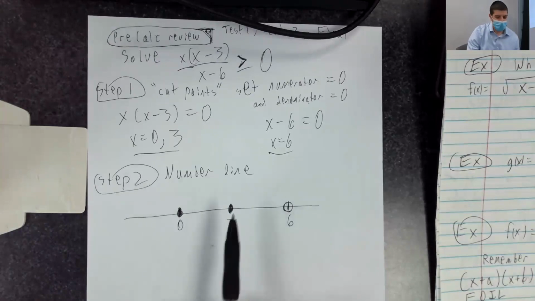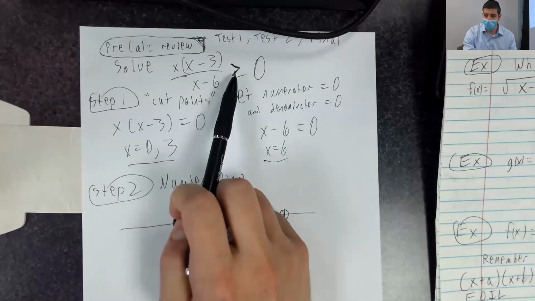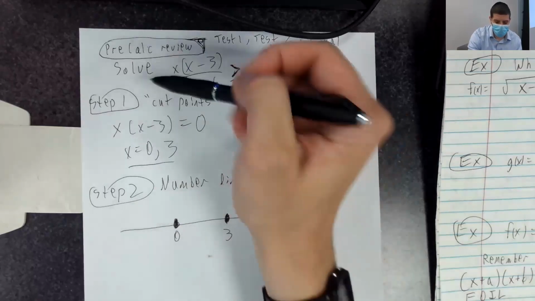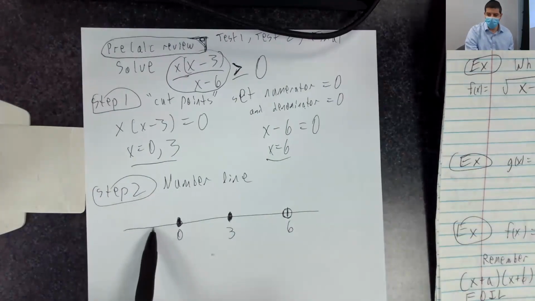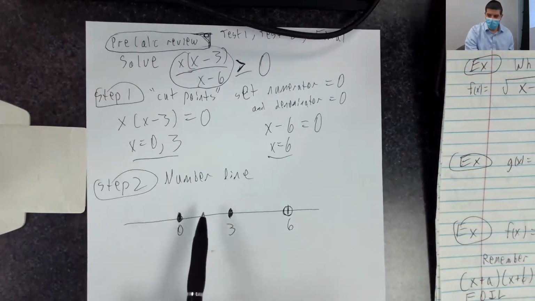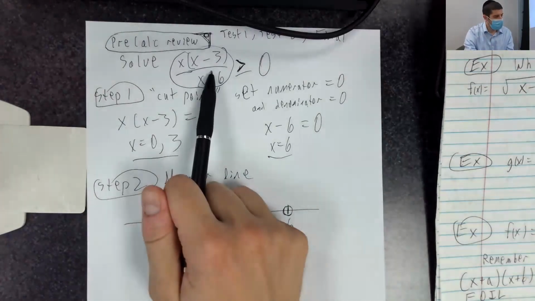Now the number line is going to test whether this whole thing is positive or negative. You're going to start plugging in numbers in between the cut points to see if you're positive or negative.